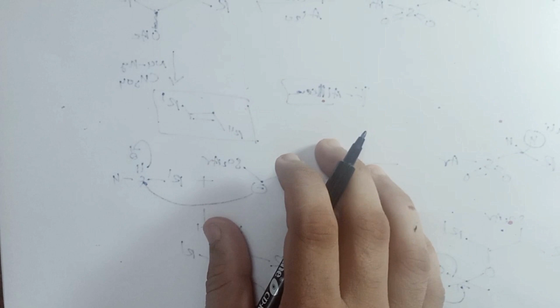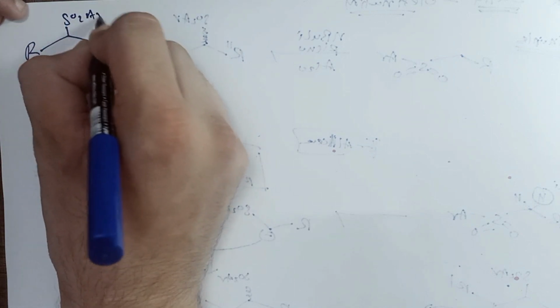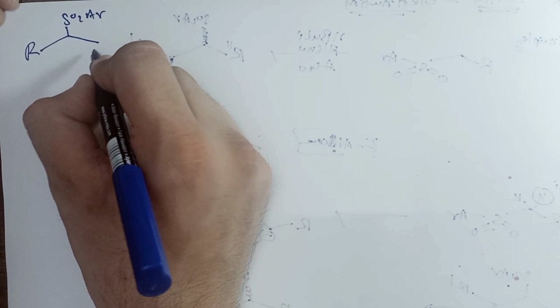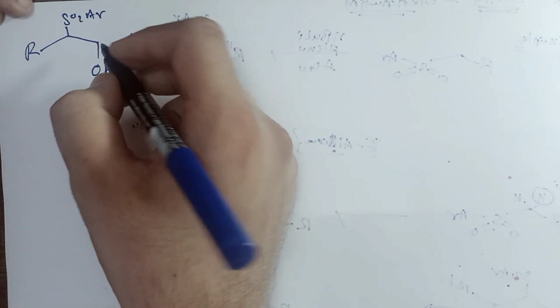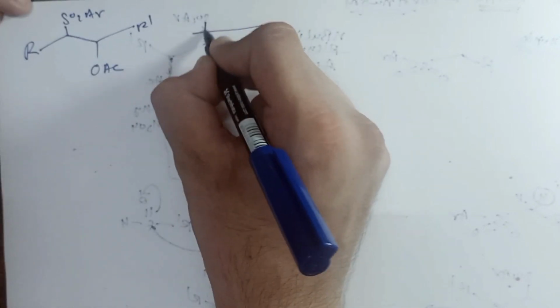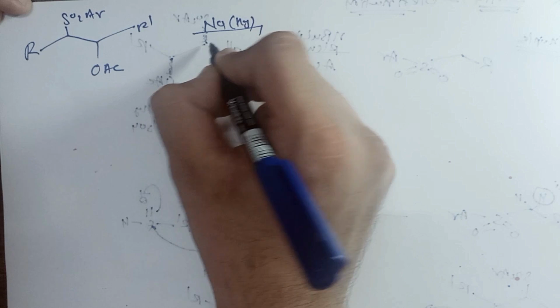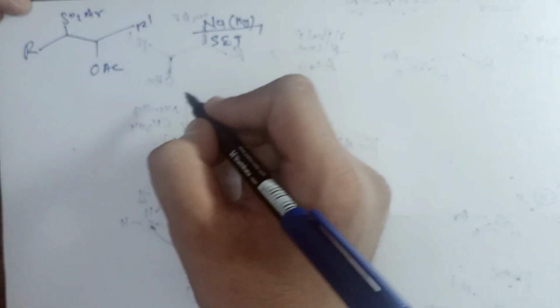Okay, now here we are having an R group over here. Let me adjust one thing. So now here we are having the R, SO2Ar group over here, here the OAc group, and this is the R dash group over here. Now in the last step we are reacting with sodium in presence of Hg, that is known as the SET mechanism.